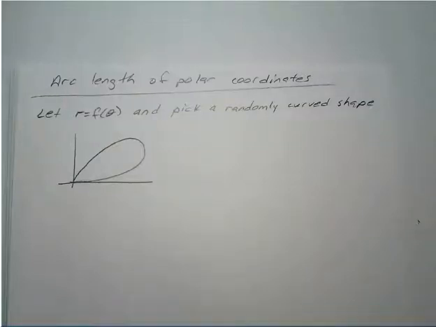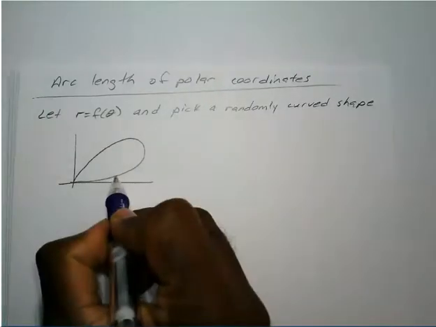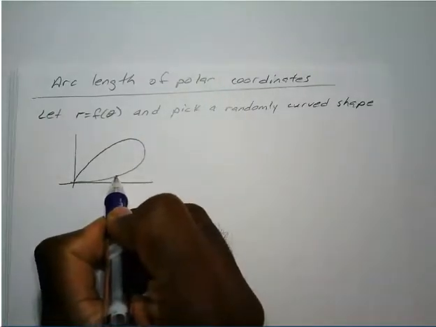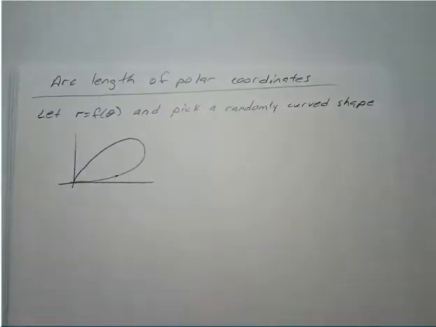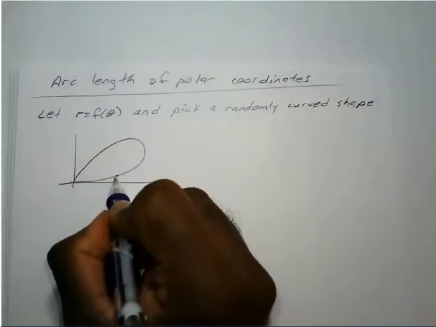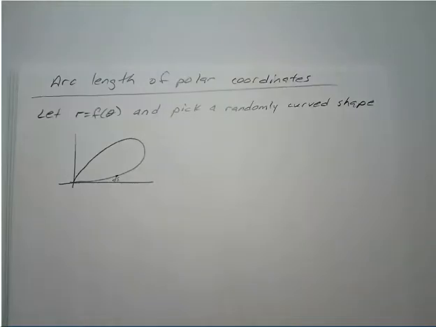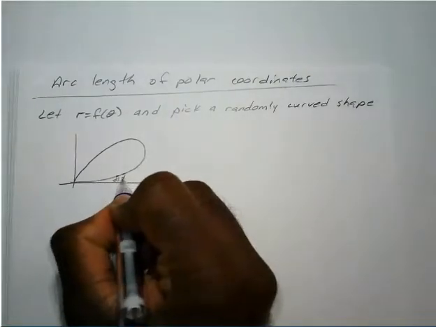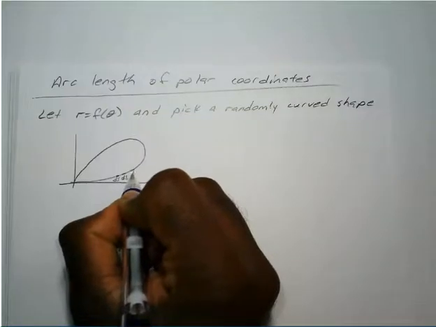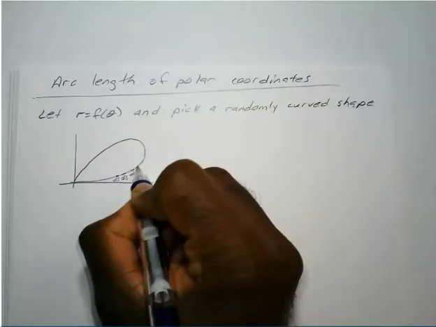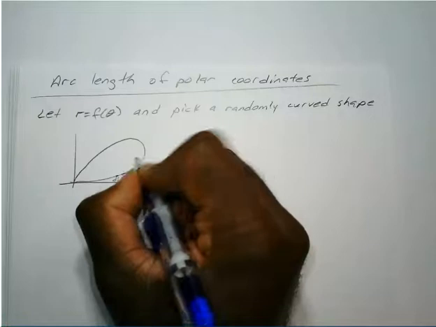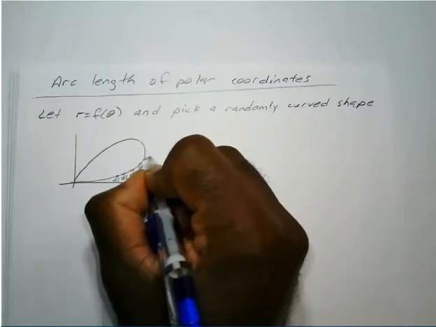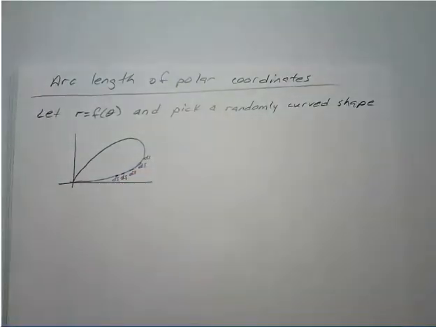Now with this shape, or any shape whatsoever, if you zoom in very closely, we'll have a little area there. That length there we'll call ds. And around this entire shape, just a collection of straight lines, we'll call the length s.